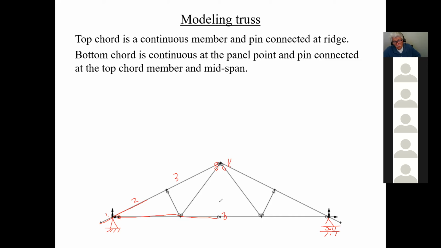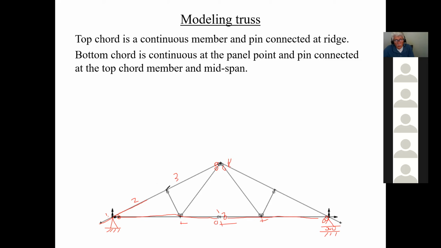Thank God ADA can get rid of that redundancy, but don't do that. You just have to release it on one side and it's pin connected. Here is continuous and here it's pin connected. So you have to make sure there's a plus sign here and that there's a circle on that side. There's a plus plus on this one, and then there's a plus and a circle on this side, okay?